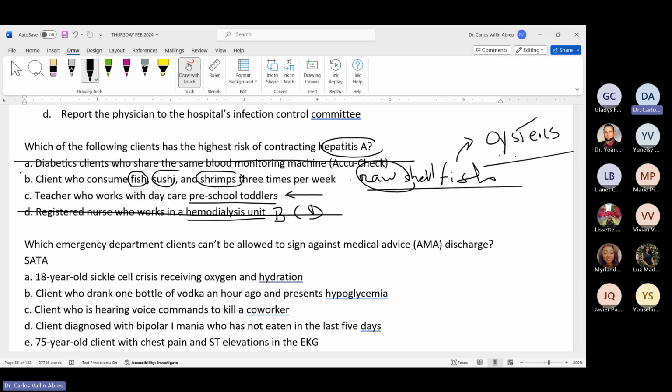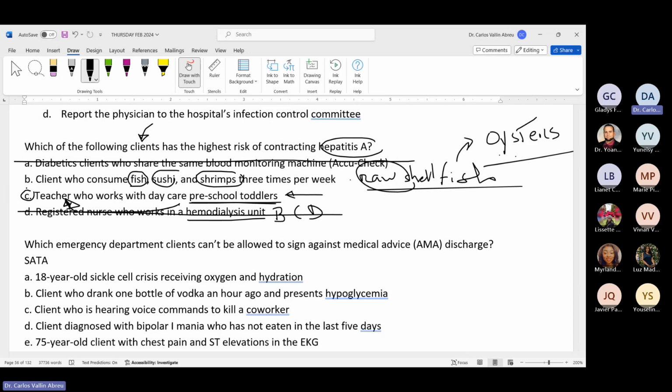So if I need to decide between this and this, I think, because this is a question that I wrote based on what somebody had in his test, the one that has the highest risk is the one that is dealing with feces with frequency, because one of those toddlers could be carrying the virus and shedding the virus in the feces, and this could contaminate an unvaccinated caregiver or teacher.